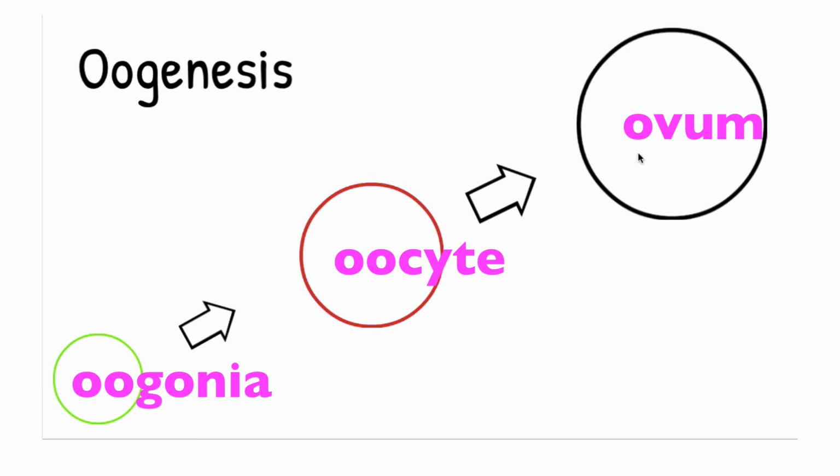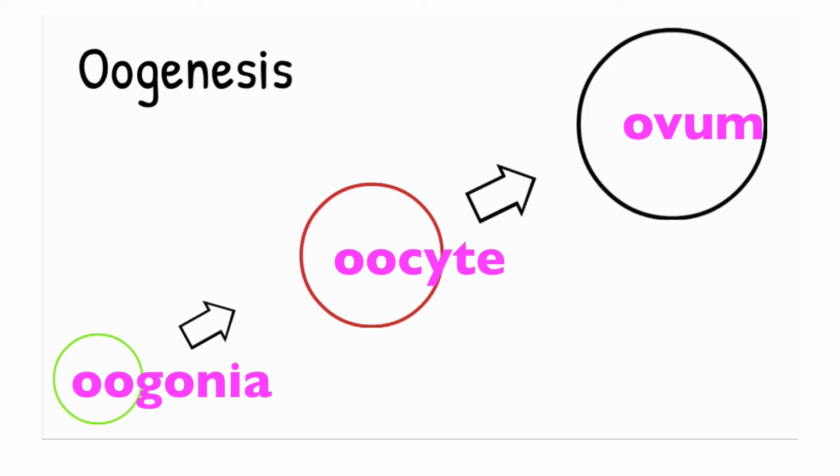Certainly, there could be more that develop, but by and large, one egg is going to resume development every 28 days. Once that development is almost complete, ovulation is going to occur. I say almost complete because theoretically, meiosis is not complete until fertilization of that egg, but it's almost complete during ovulation.